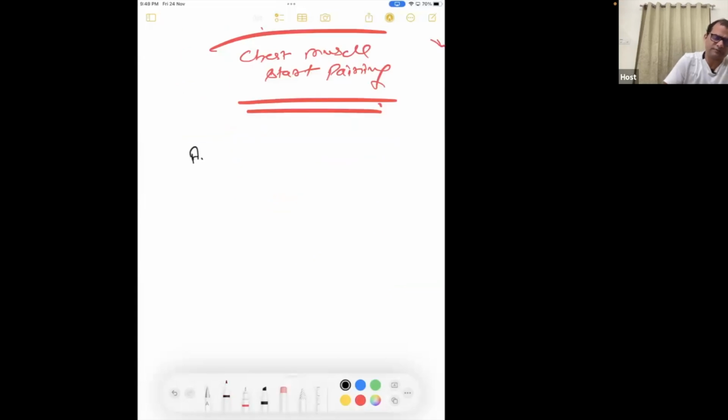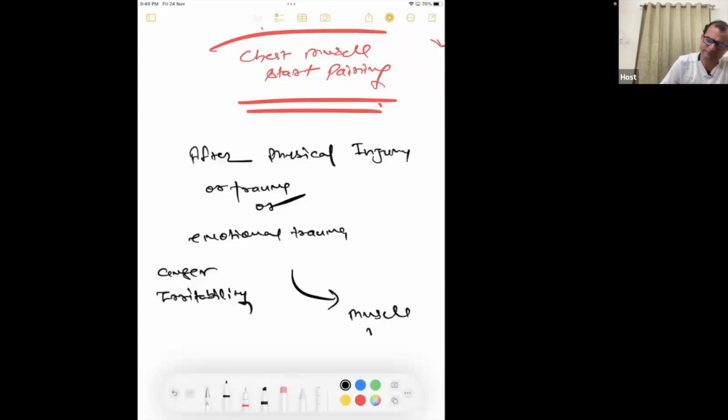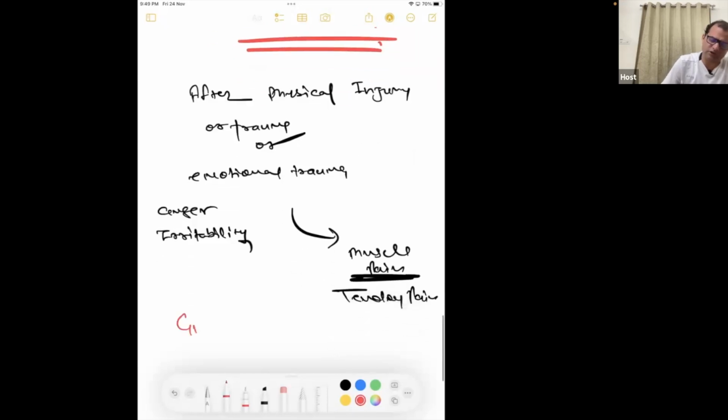So after physical injury or trauma, or emotional trauma, or after anger, after irritability, if someone is having muscle pain anywhere or tendon pain anywhere, we will stimulate Gallbladder 34.